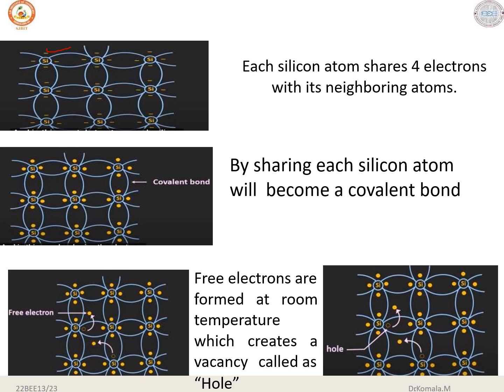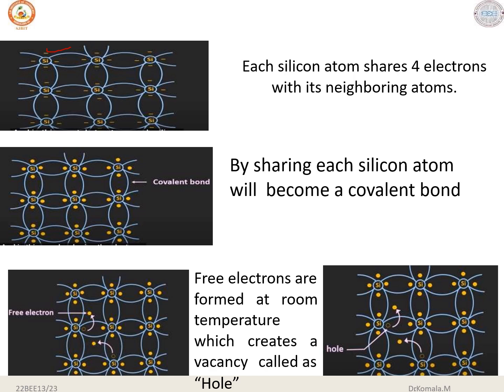And we can also see that in semiconductor materials like silicon, there are free electrons which are formed at room temperature, and this free electron creates a vacancy, and those vacancies are called holes.